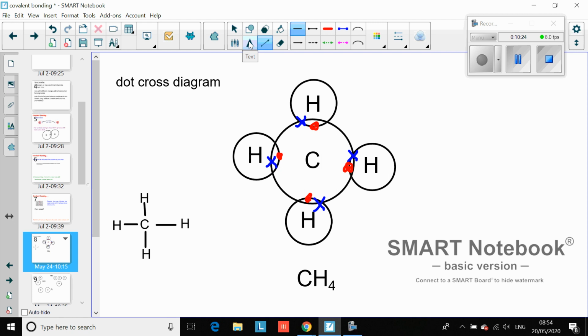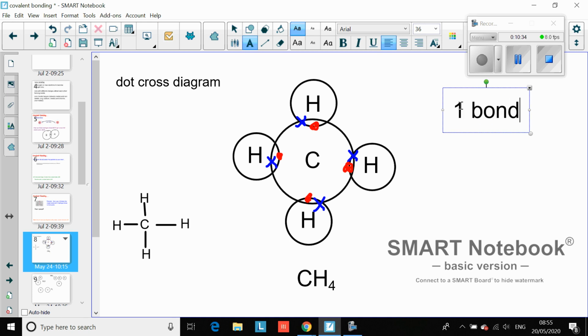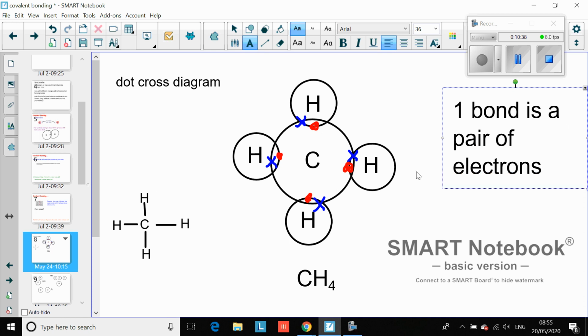That's quite an important point, so I think we do need to just add that in. One bond is a pair of electrons. Now, pause the video, make sure you've got all this down. If you need to replay this part, please do. Okay, so off you go.